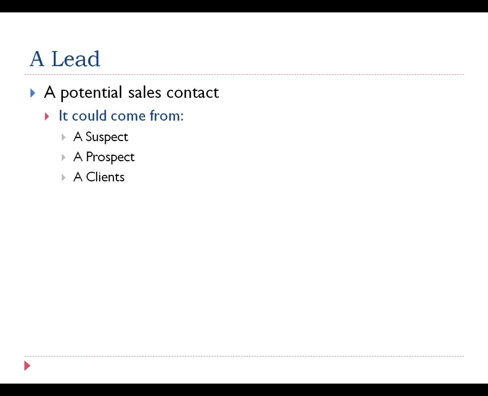So we need to look after our existing clients, because a lot of times what we find is that once we get into running a business, we get so busy with trying to generate new business that we forget the existing clients. But one great way of getting more work or more leads for your business is by nurturing your existing client base.